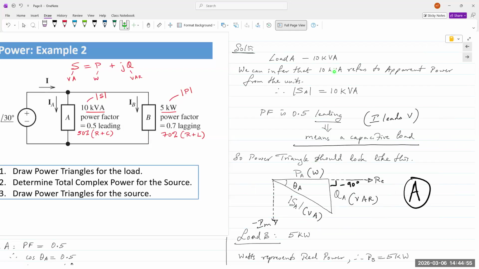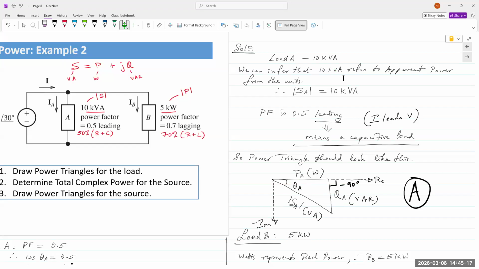Now in a power triangle, you have 4 quantities. You have real power P, reactive power Q, complex power or magnitude of complex power S, and the power angle theta. Out of those 4 quantities, you need only 2 to calculate the other 2.